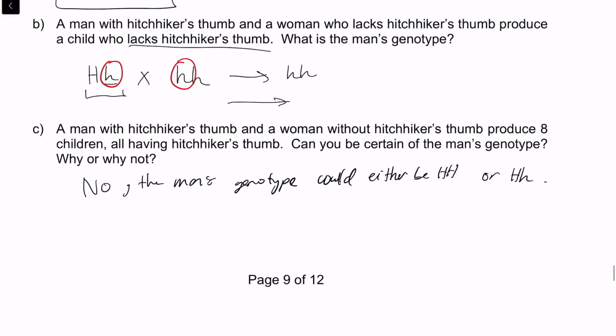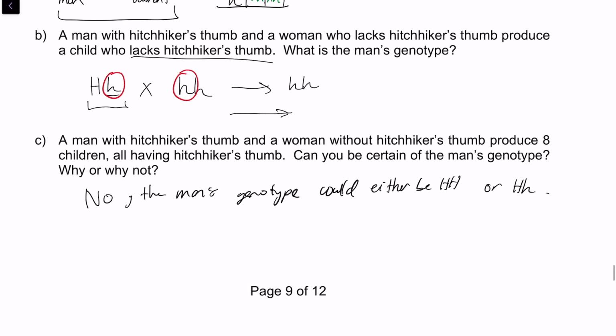So, for example, if the man was heterozygous, right? And so we have that same pedigree as we had before, where we have that 1-to-1 ratio or 50%.